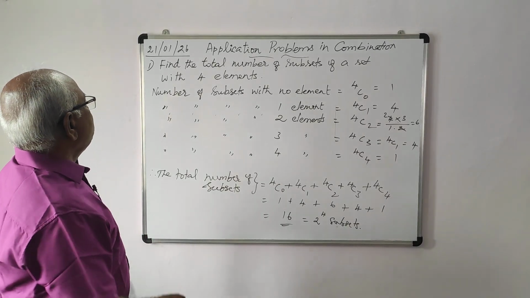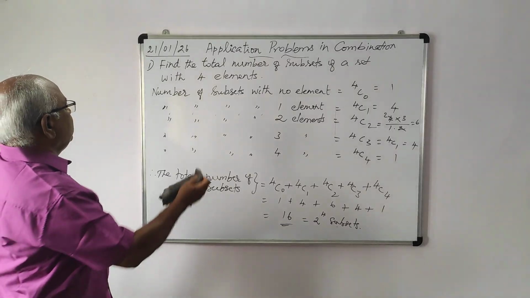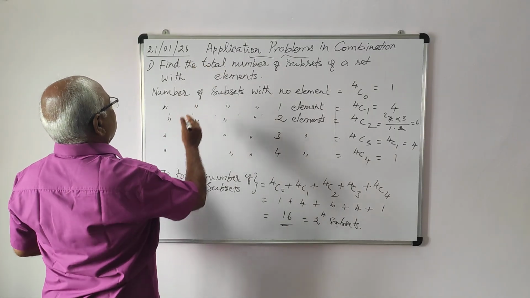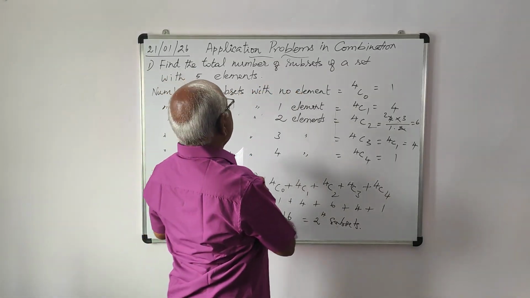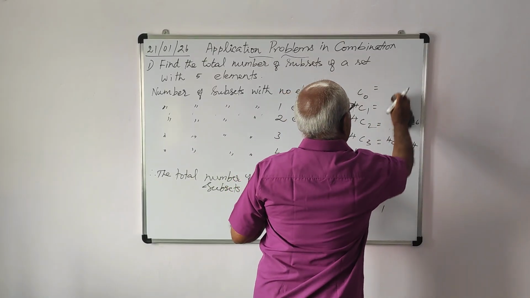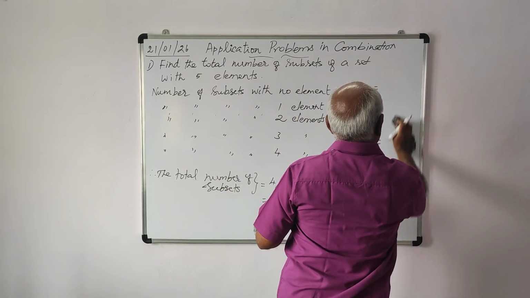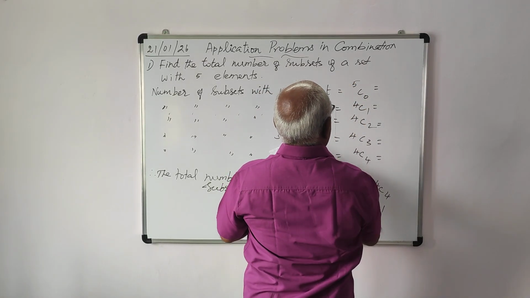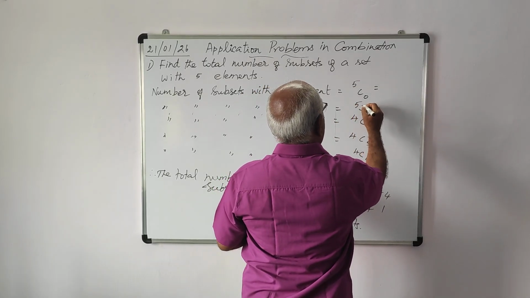Similarly, consider another problem: the total number of subsets of a set with 5 elements. The number of subsets with no element is 5C0. The number of subsets containing 1 element is 5C1.